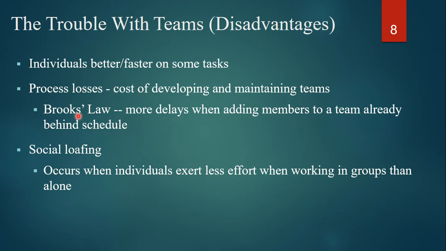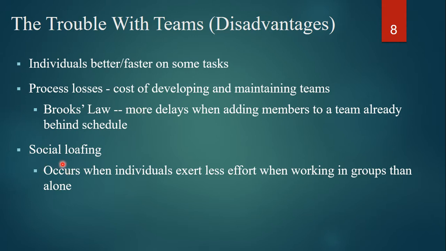Brooks' law argues that if we add more members to a team which is already behind schedule, we risk more delay rather than faster performance. So there is this process loss. There is this risk with maintaining and developing a healthy, functional team.